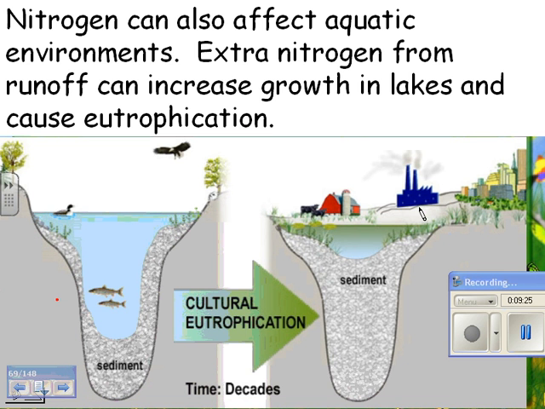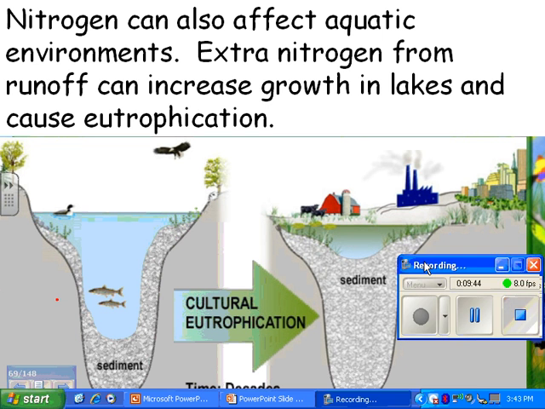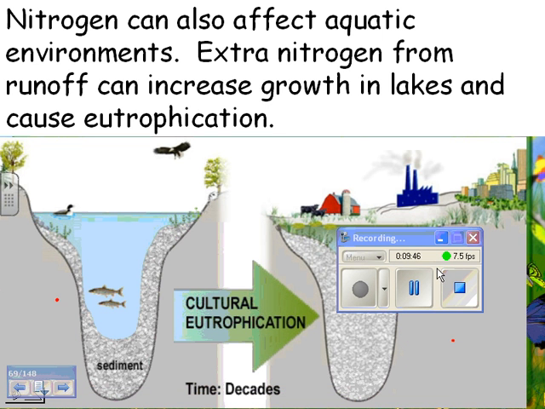This is when maybe there's a farm or a factory that's added extra nitrogen to the environment in here, and so that causes an algae bloom, and that causes the plants to grow more, and animals, so everyone here is going to die, and eventually this whole thing gets filled up because there's been so much extra growth. So that's called eutrophication, and that's the end of my video for nitrogen cycle.